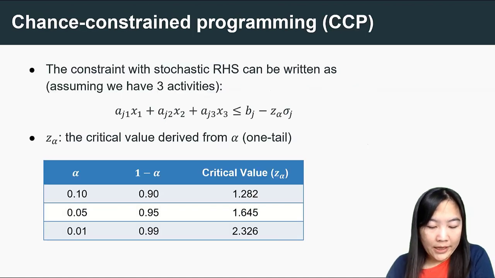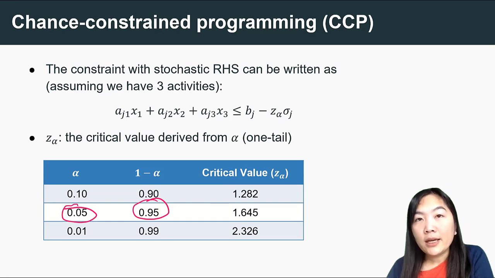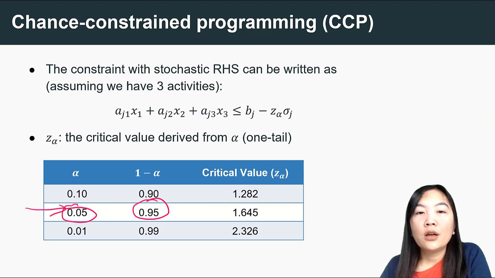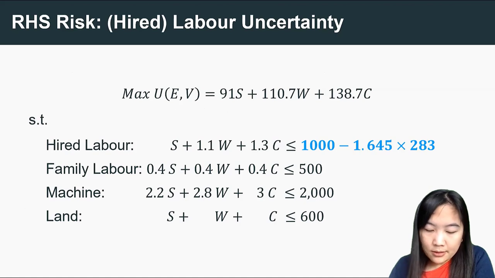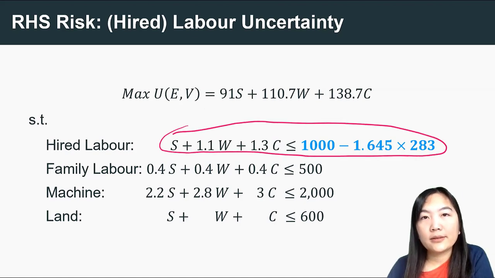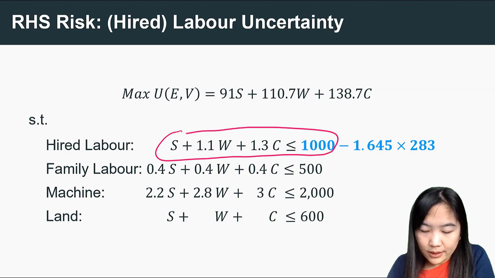And then we go back here. Our alpha value will be 5%, and 1 minus alpha will be 95%. Again, once you choose alpha equals 0.05, then 1 minus alpha is 0.95, and that means there's a 95% chance that this constraint is going to be met.